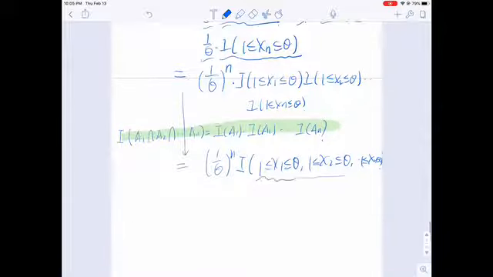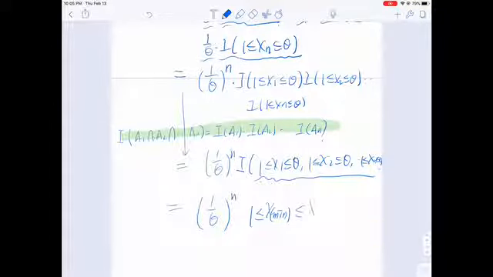What does this mean here? It means that we want all the x to fall in the range of 1 and theta. So the minimum of x should be greater than or equal to 1 and the maximum of x should be less than theta.